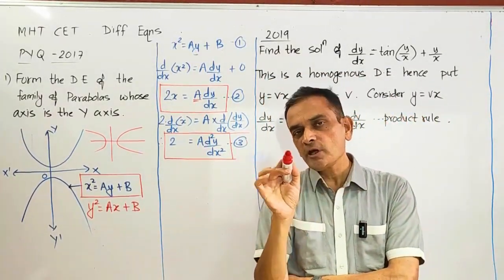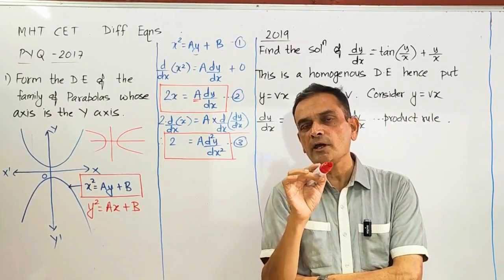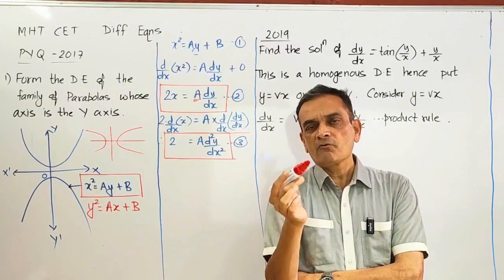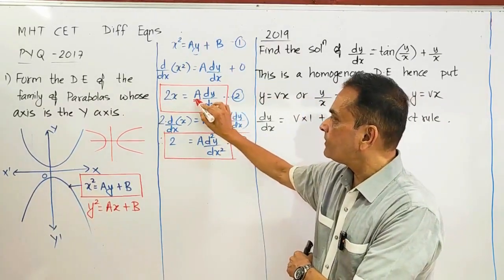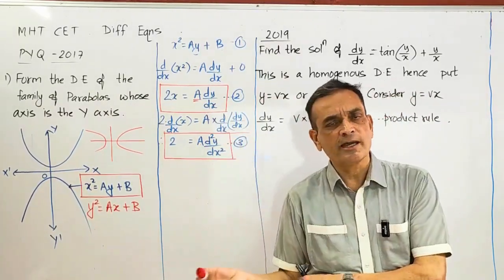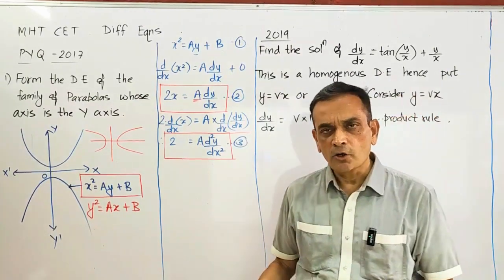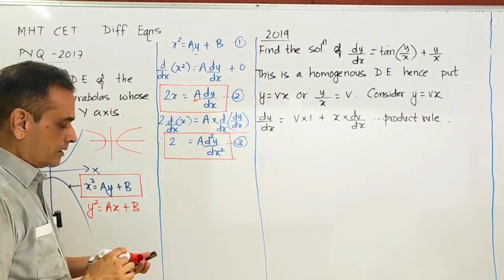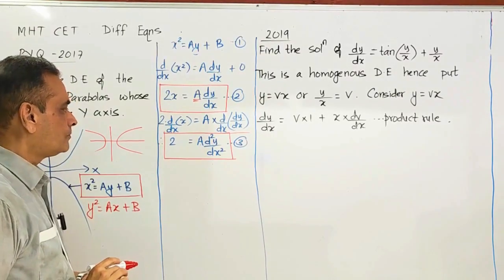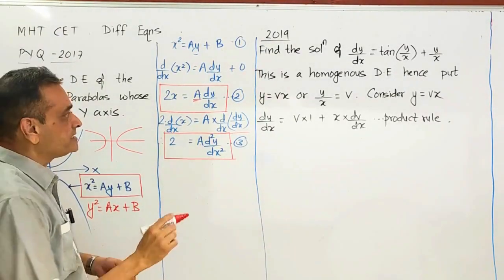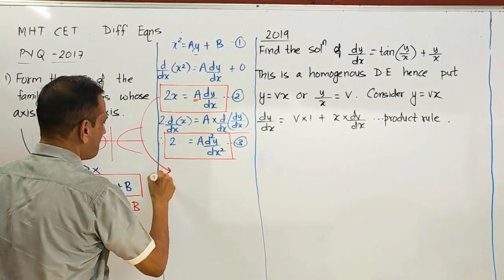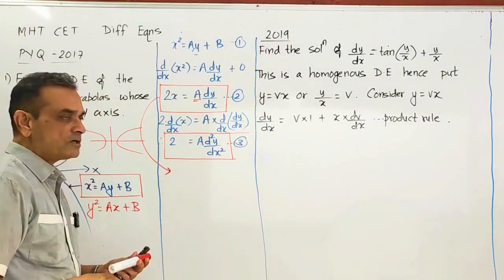That value of a you put in equation 3. Now both equations have a, so we have to remove a. Select any one equation, from that equation get the value of a, and put that in the other equation. A will automatically disappear. So I'll select equation 2. Now from equation 2, what is the value of a? I'll draw an arrow. From this equation, what is the value of a?